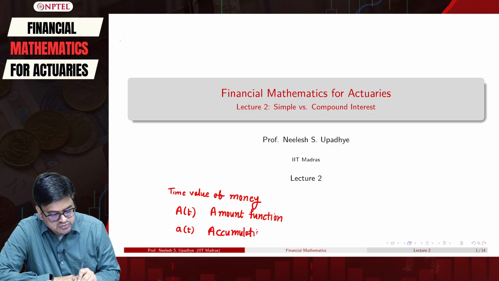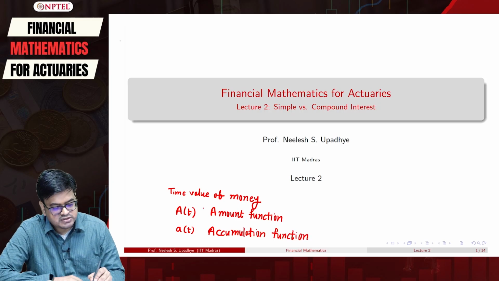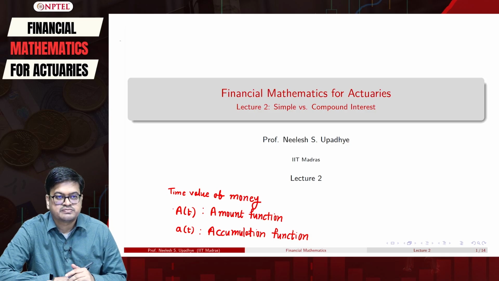So keep these two functions in mind, and then we will develop our analysis of simple and compound interest based on these two functions. Also, they have some specific relations which we covered in the last lecture.